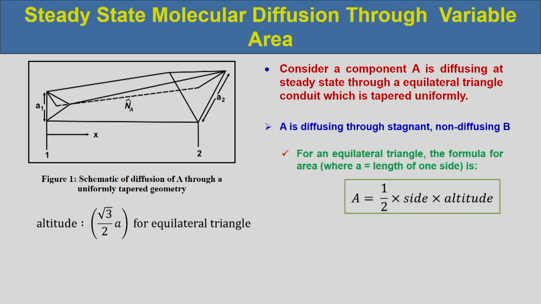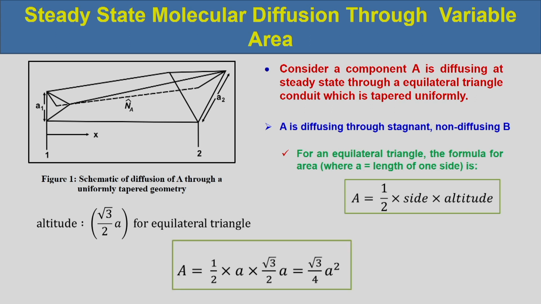The altitude of an equilateral triangle is root 3 by 2 into a, where a is the side of the triangle. So the area A would be half into a into root 3 by 2 a, which is equal to root 3 by 4 a square.